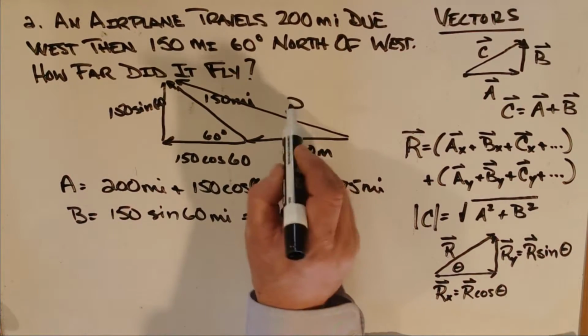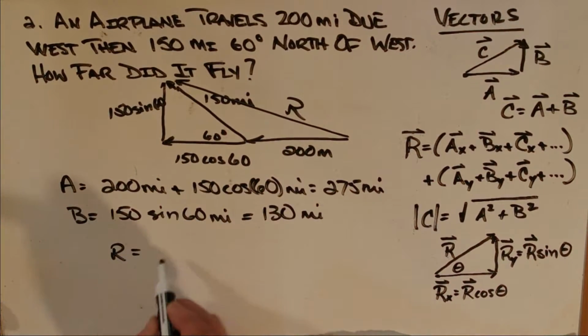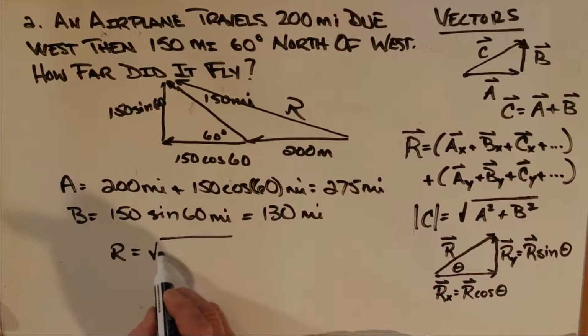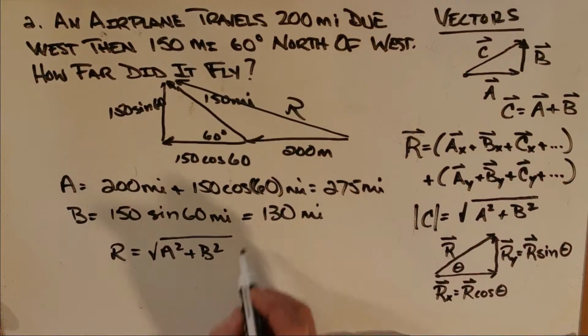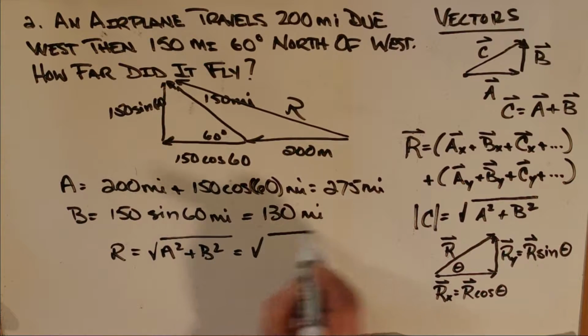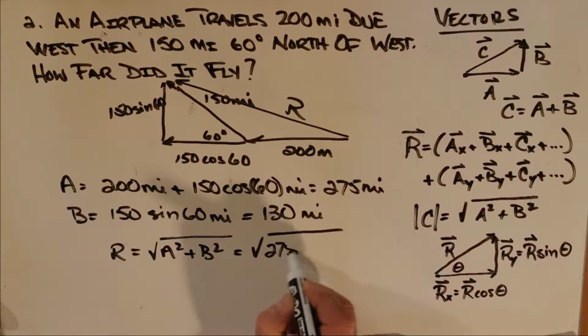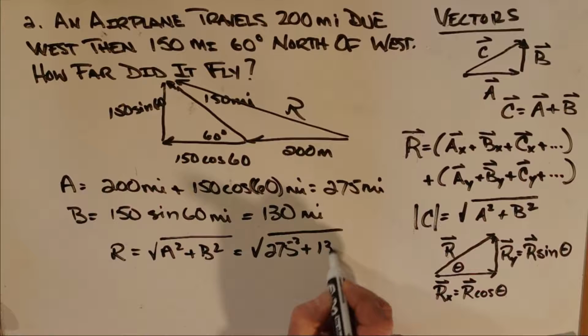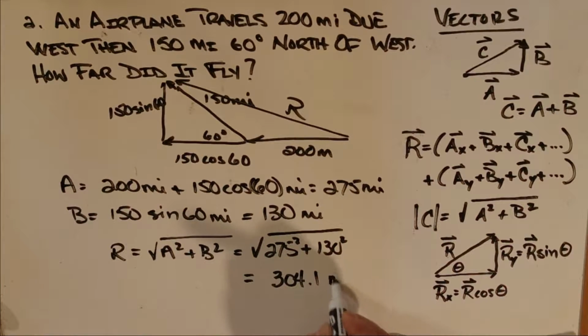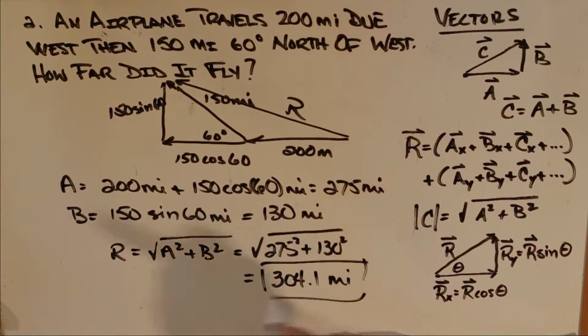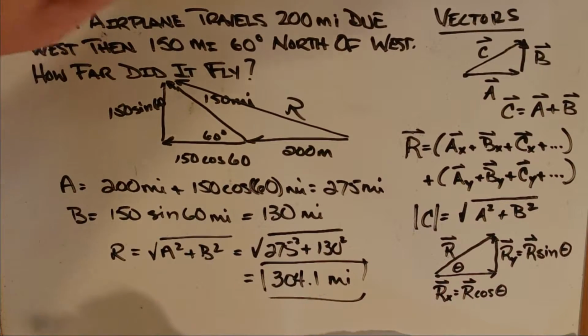The vector that we're looking for is the one that joins A and B together. We'll call that r, and the magnitude of r will be the square root of a squared plus b squared as before. And so substituting in values, we have 275 squared plus 130 squared. The numerical value for that is 304.1 miles.